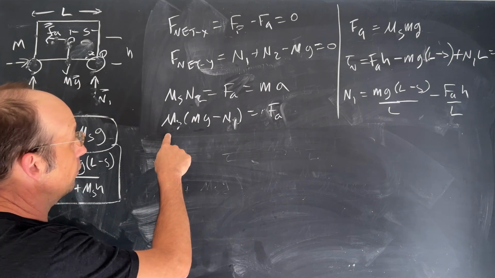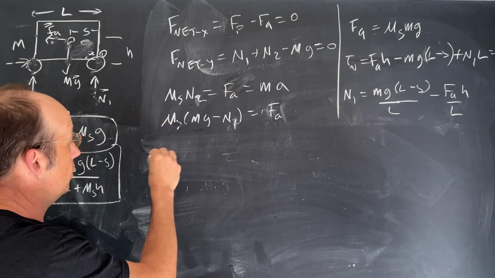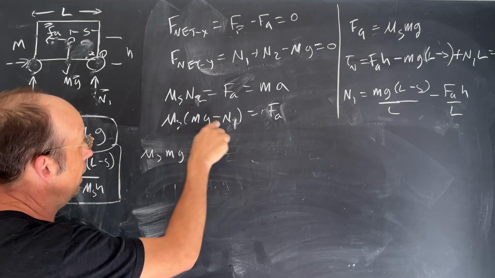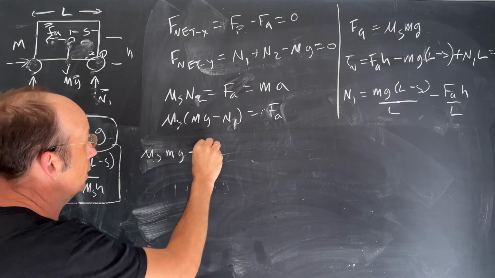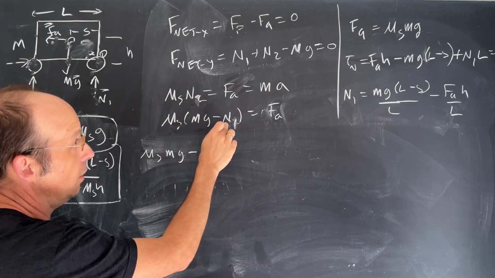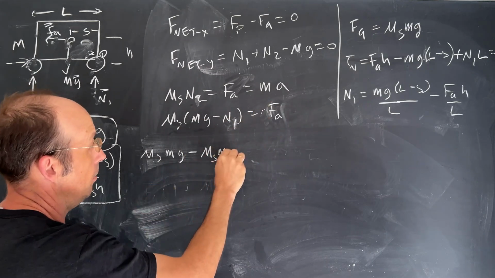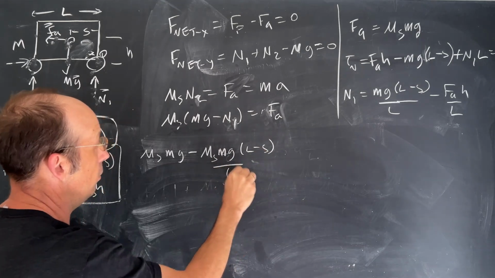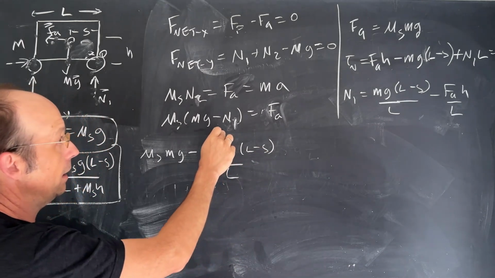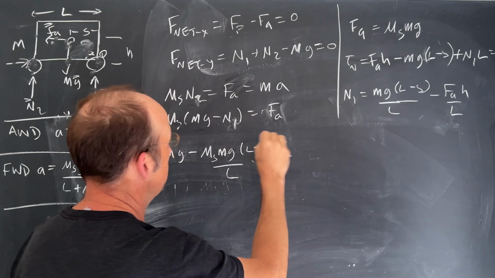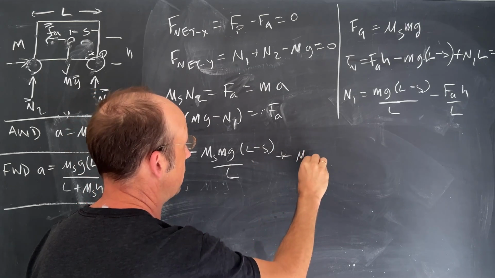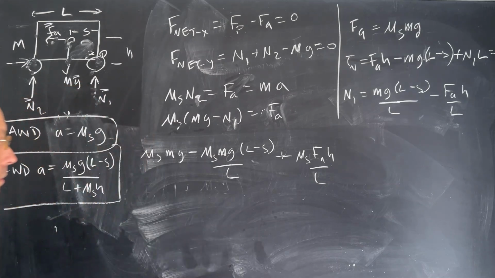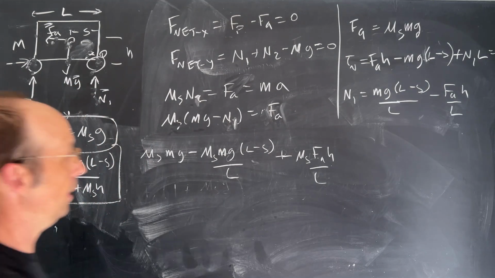Okay, so now let's multiply by mu s. So I get mu s mg, and then I get minus mu s times N1, which is mg times L minus S over L, and then minus that, so it's going to be plus mu s FA H over L equals FA.